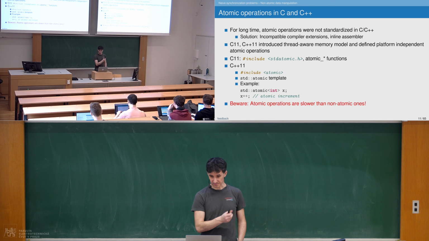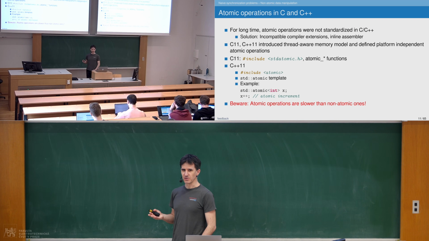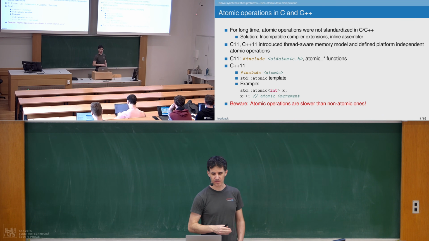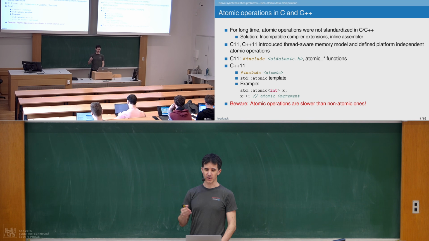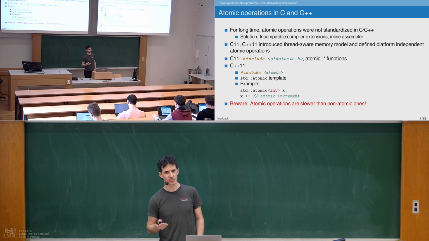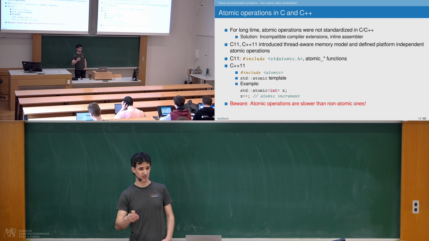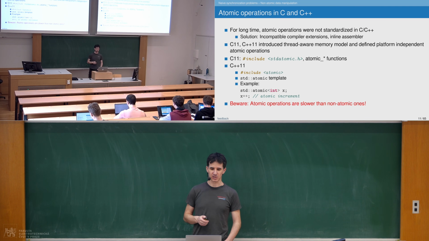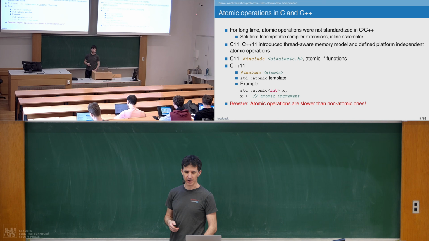So very easy. The question now is, okay, all my variables will be atomic and I will have no problems. You will have no problems with correctness of your program, but you will have problems with performance, because as we will see later, those atomic operations are typically many times slower than non-atomic operations.